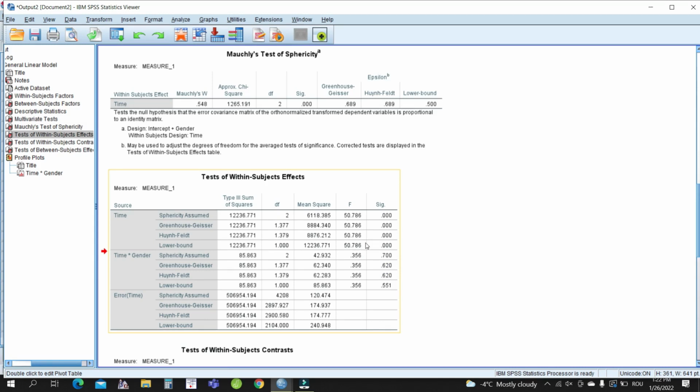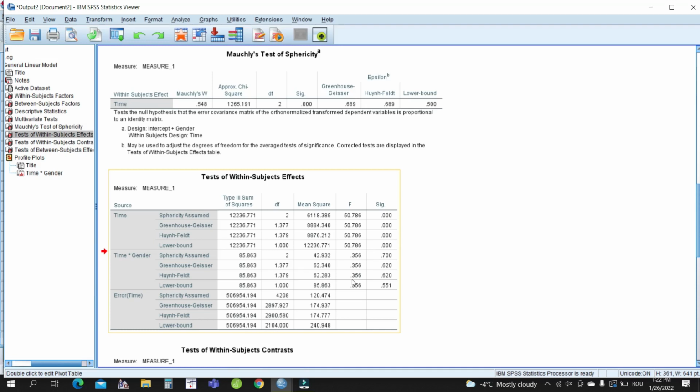As you can see, all the corrected values with Greenhouse-Geisser, Huynh-Feldt or lower bound correction indicate that there are statistically significant differences between our three measurements because the level of significance is under 0.05. So we can conclude that the self-esteem significantly increased from one semester to another.